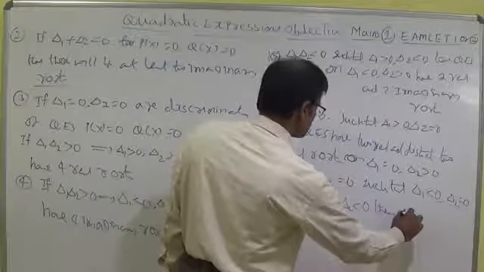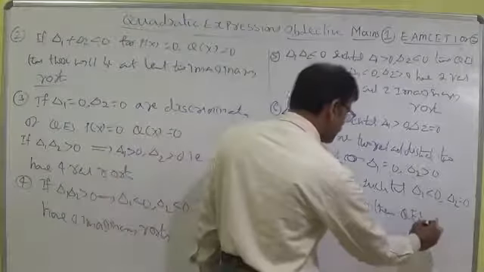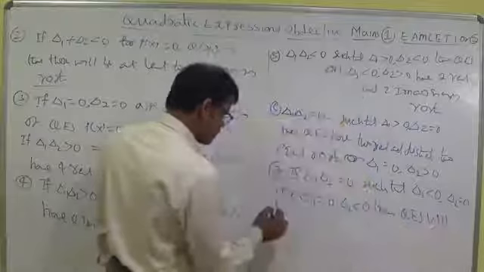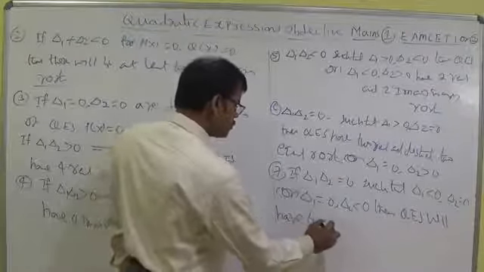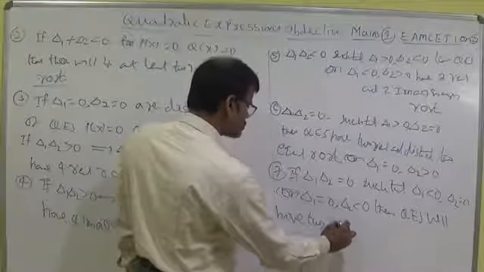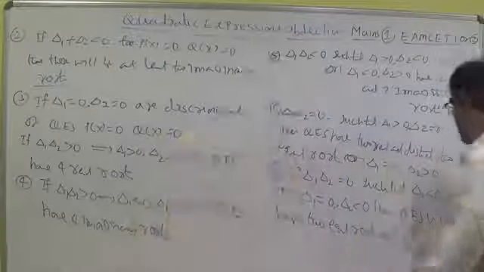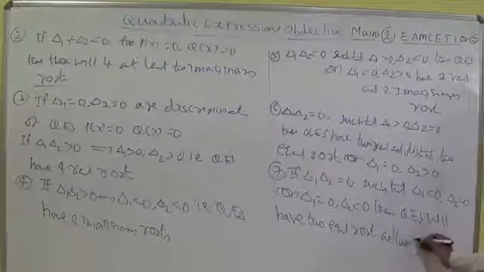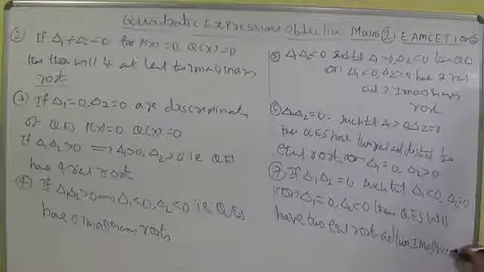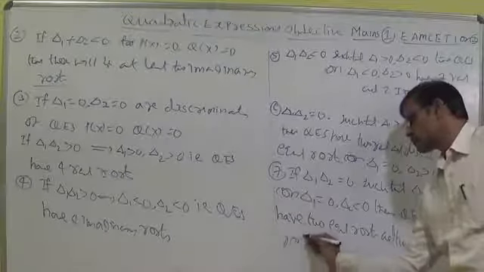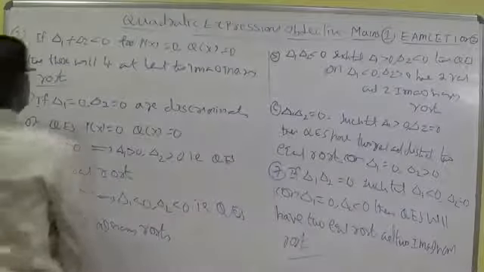Then the quadratic equations will have two equal roots and two imaginary roots, which are complex roots. This is the characteristic of delta 1, delta 2 concept.